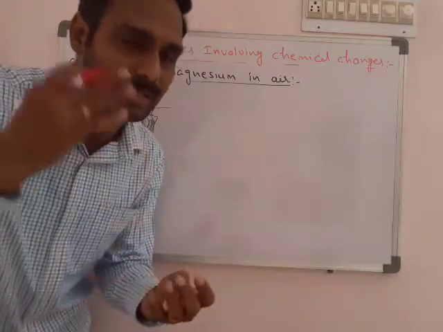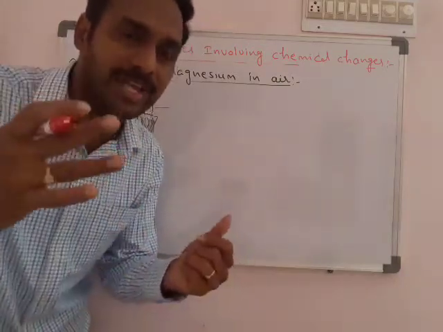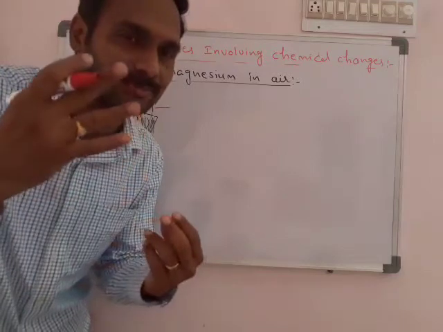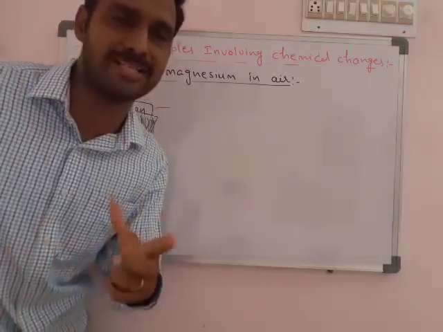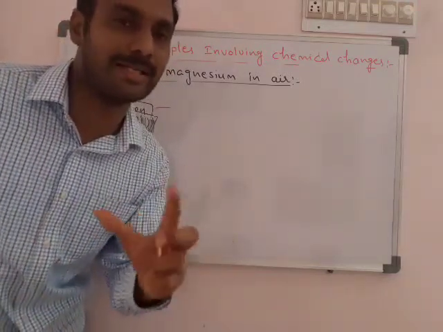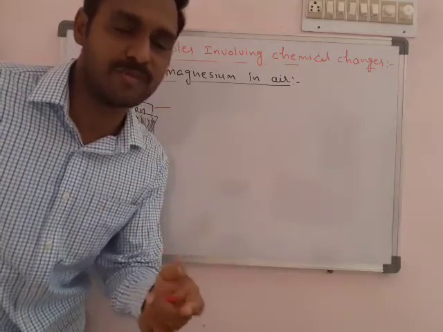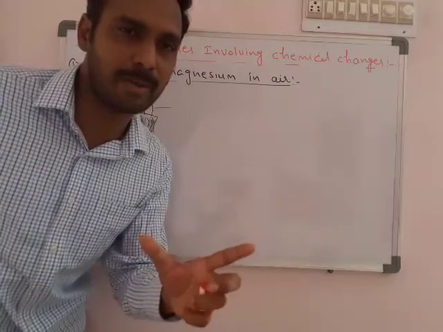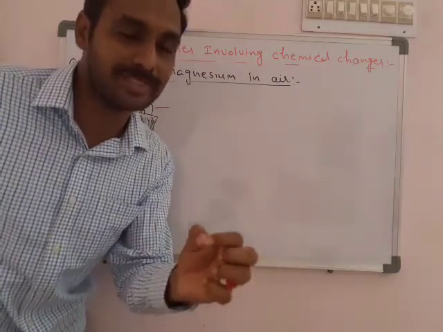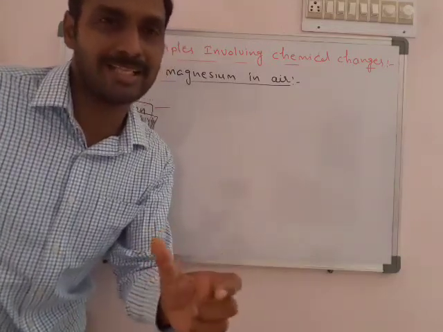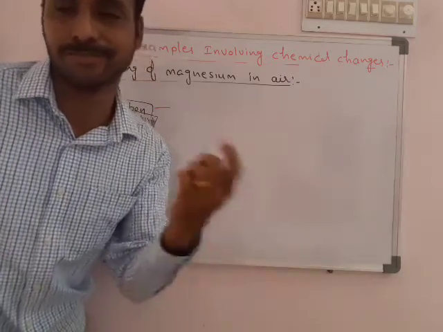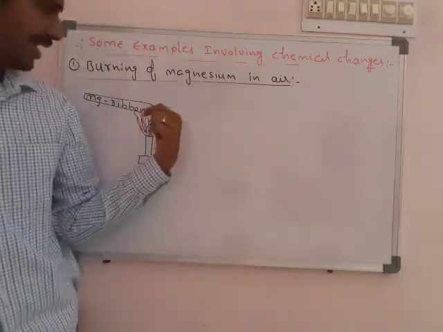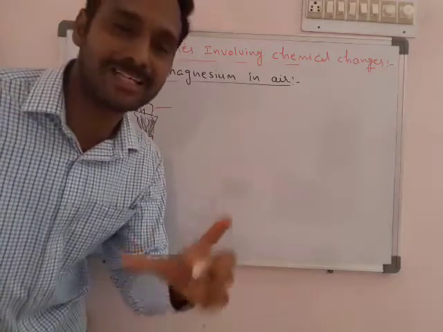If you see it with our direct eyes, we get a reflection in our eyes, meaning it is very bright. So a very bright white flame forms. Within a fraction of a minute it burns completely, and finally it forms ash. Sorry, magnesium forms white color ash.